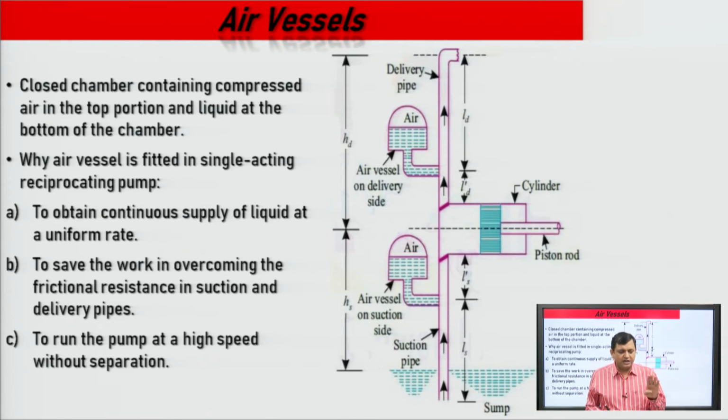The function of an air vessel is nothing but a closed chamber containing compressed air in the top portion, just see the top portion, and liquid at the bottom, just see the liquid in the bottom. What is the function in case of single and double acting?